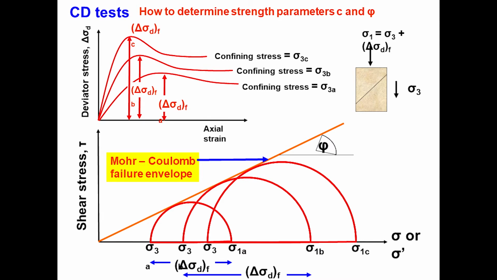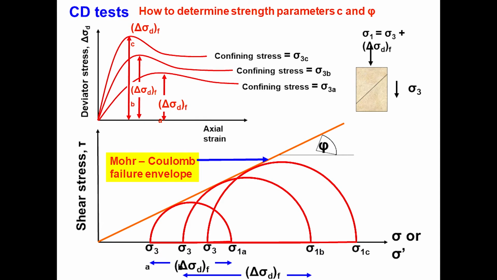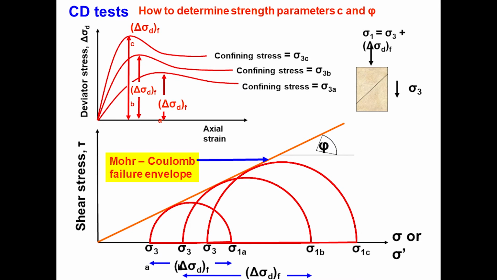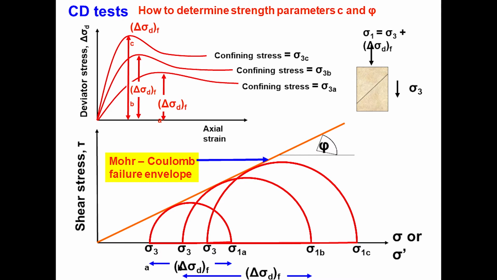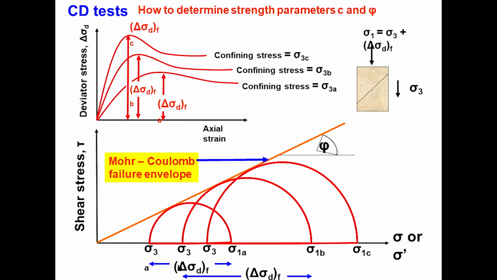Once the envelope touches the shear stress axis, that intercept is C, and the slope of the failure envelope drawn touching the three circles is phi.